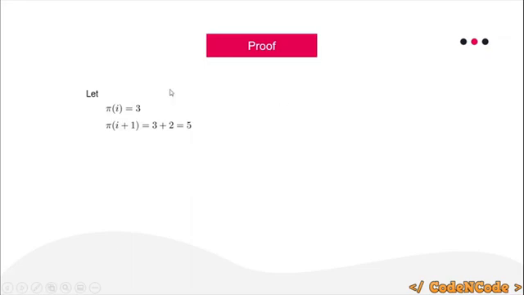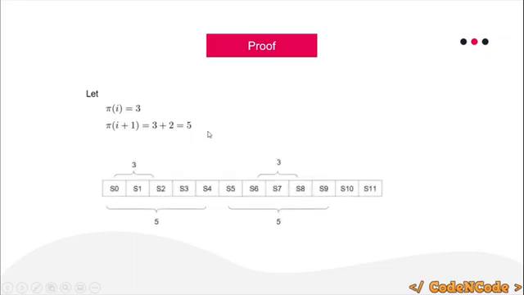So see, we'll be proving it by contradiction, of course, because pi of i plus 1, I've taken 5, which is incremented by 2, right? So of course we are going to prove it by contradiction. So let's assume pi of i was 3 and pi of i plus 1 is equal to 5. See here, let index i be 8. So pi of i is clearly 3 because S6, S7 and S8 match the first 3 characters. So basically the suffix of length 3 matches the prefix of length 3.